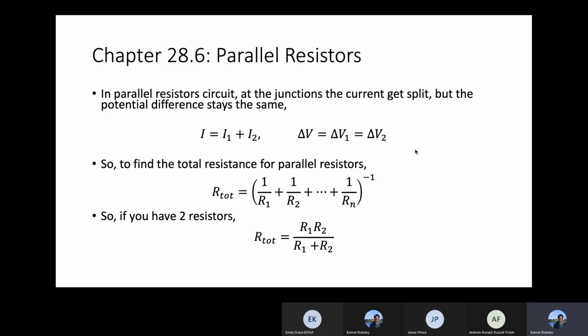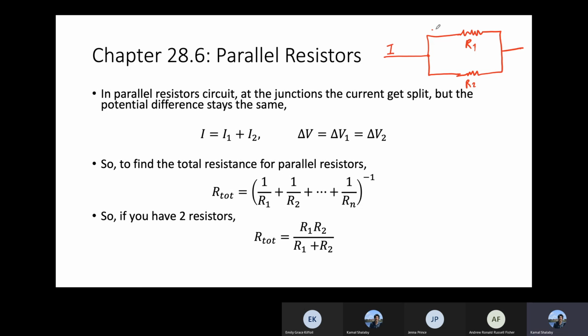In parallel resistors, as I just said, if you have any sort of junction, and this is what I mean by junction, and you have here a resistor, and another resistor, this is R1, this is R2.